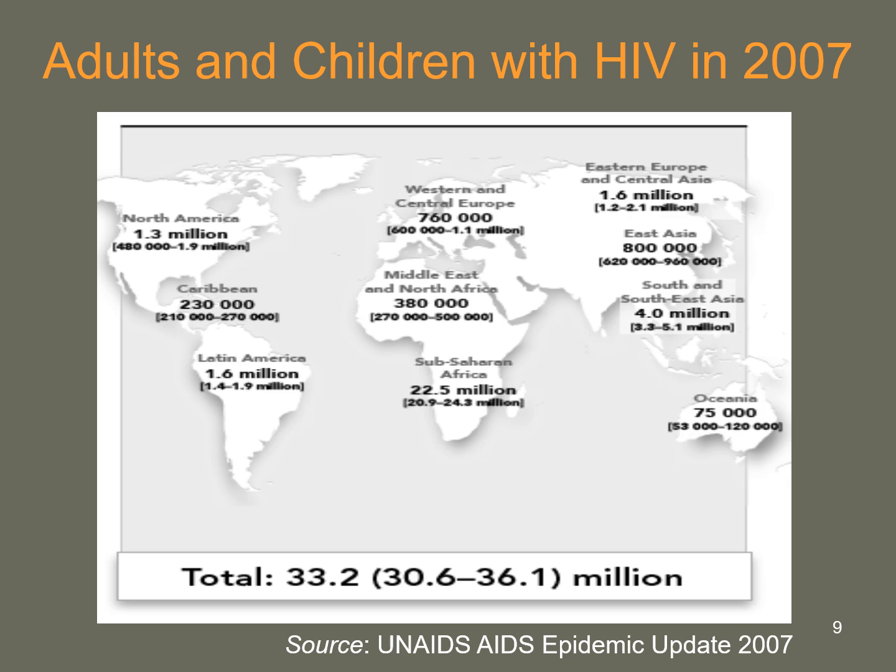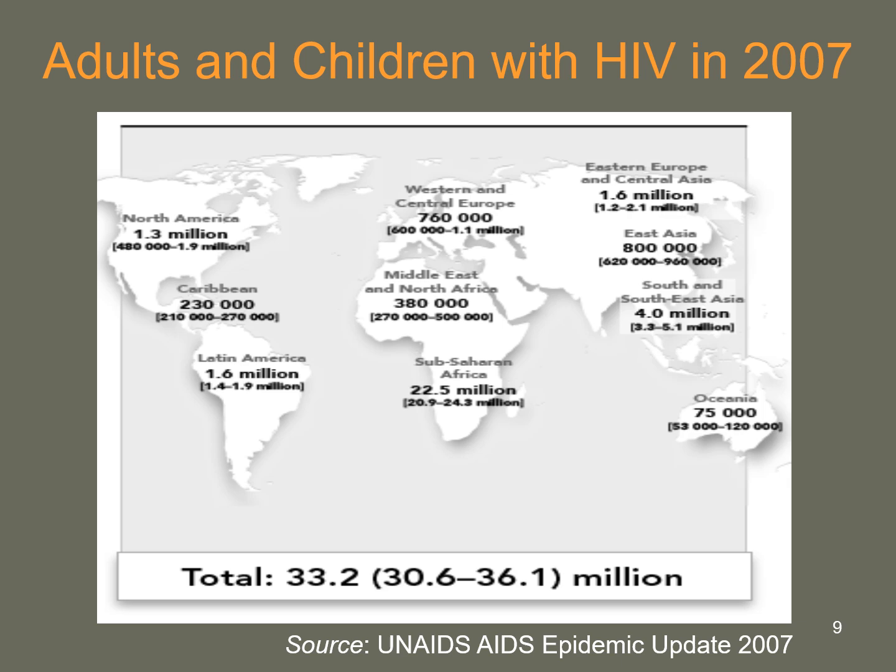When you look at North America, there are 1.3 million people. Coming down between North America and South America, in the Caribbean area, we have 230,000 people. In Europe, we have 760,000 people infected.